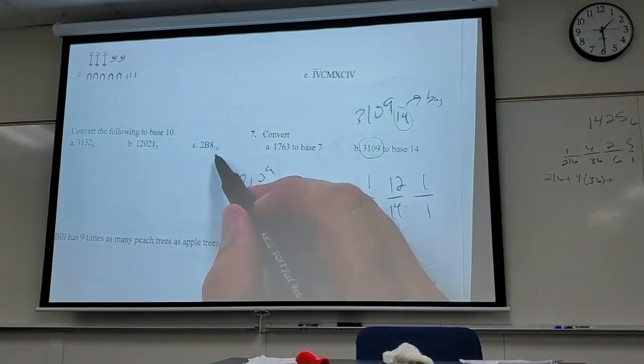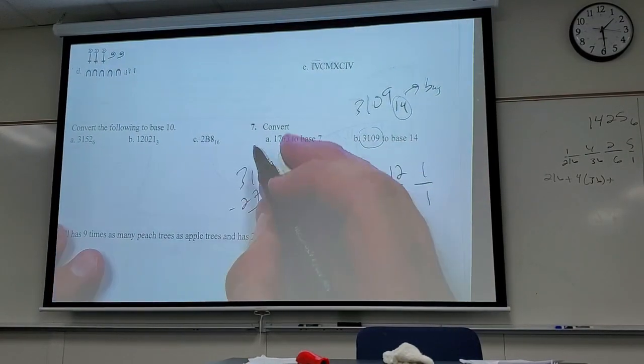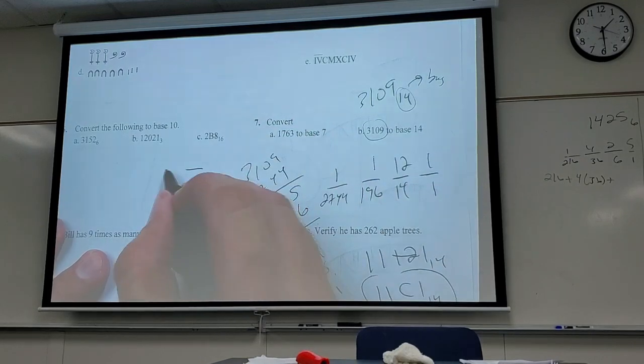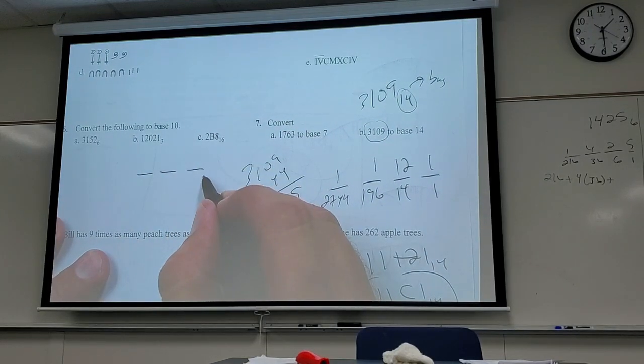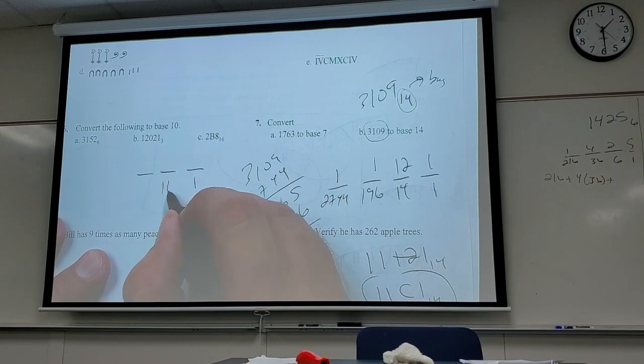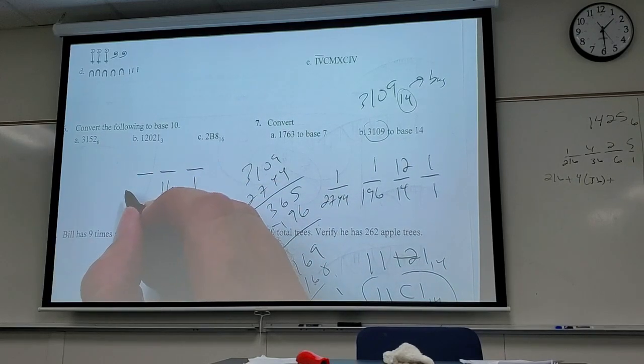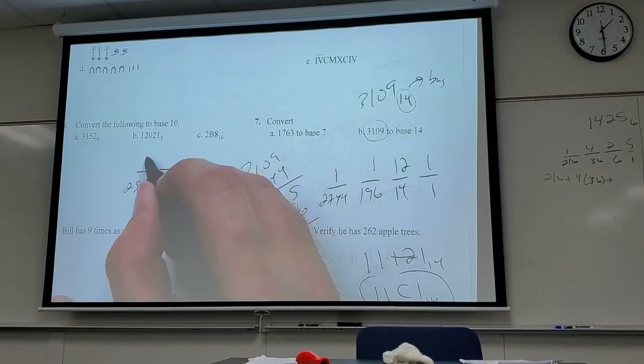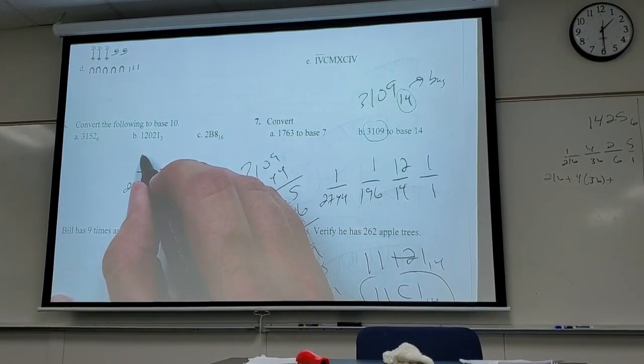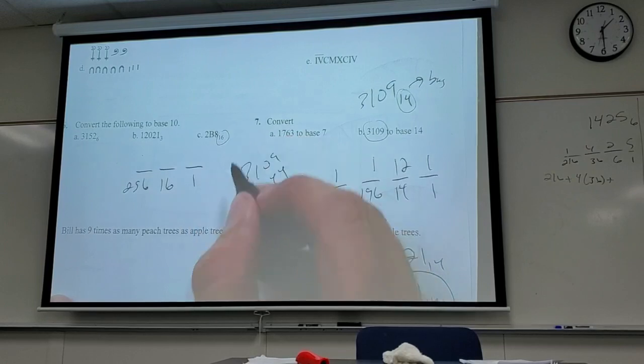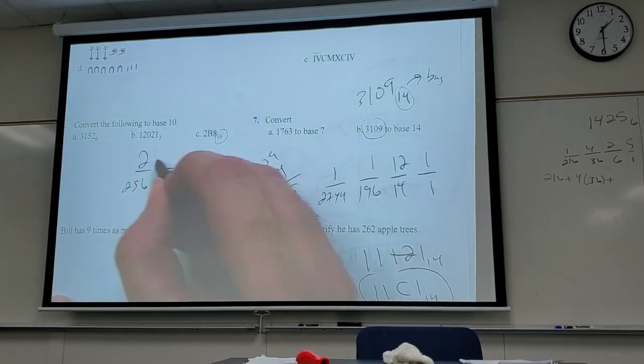So this dude. Yes. All right. What are the places? 1, 16, 256. And what's in each one? We know what's in each one, right? It's already in base 16, correct? So isn't there a 2 here?